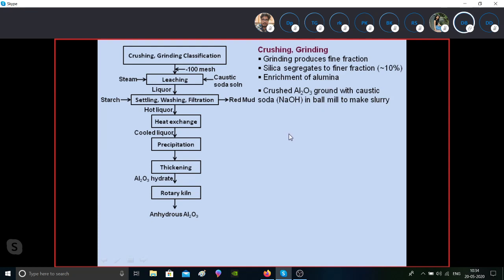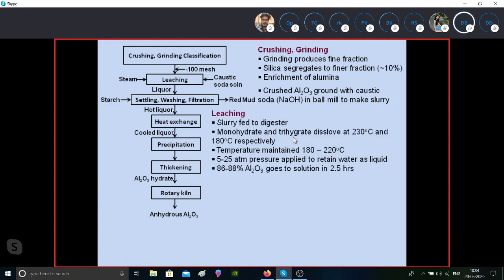Why do we go for wet grinding? Possibly you will not know. Wet grinding is much more energetically efficient than dry grinding, because it takes much less time, therefore it saves lots of energy.